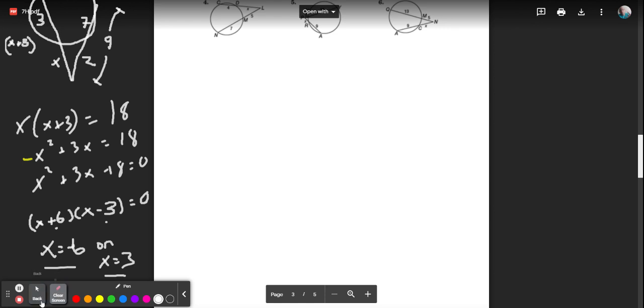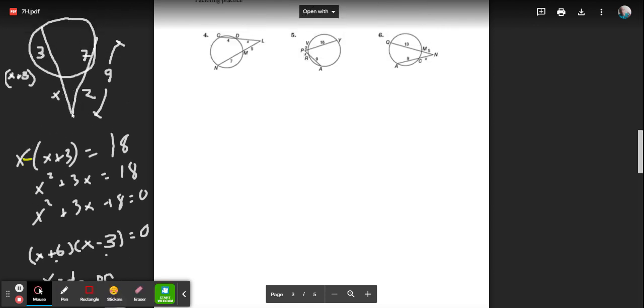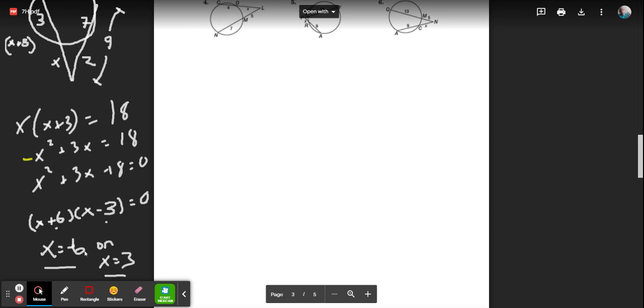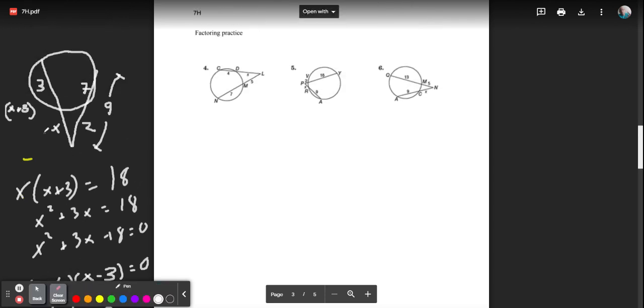If I'm looking at this circle right here, this little piece has a length of x. Well, we can't have a negative length. So out of our two solutions, the negative 6 isn't going to work, but 3 does work, because we can't really have a negative length. So x equals 3.